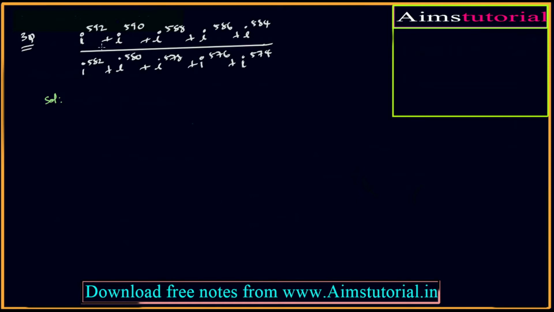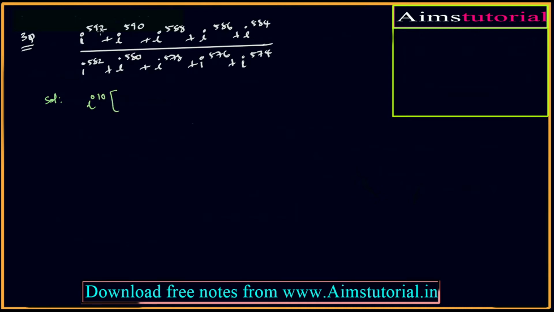So next question is I power 592 plus I power 590 plus I power 588 plus I power 586 and so on, divided by I power 582, 80, 78, 76 and so on, up to 74. So many methods are there. Now if you observe, the difference between the highest power of I in numerator and denominator is 10. So I am taking I power 10 common from the numerator.